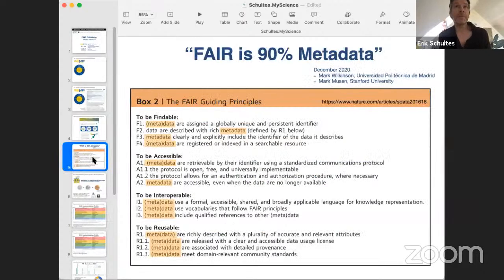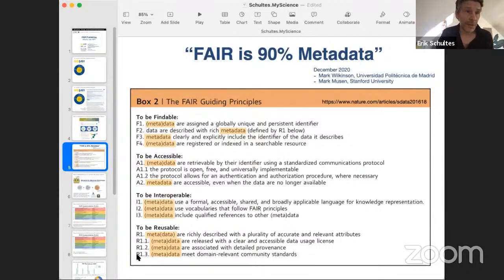So if we focus on metadata first, what we see in the FAIR principles is that metadata is everywhere. And in fact, if you can achieve machine actionable metadata for your own purposes, you've actually gone a very long way down the road towards fairness.